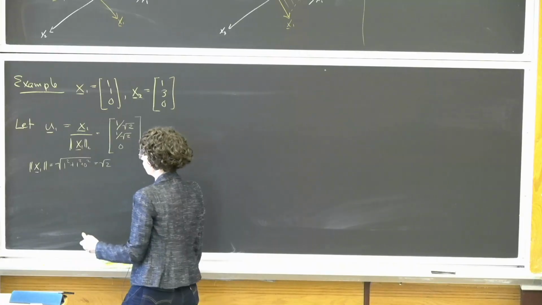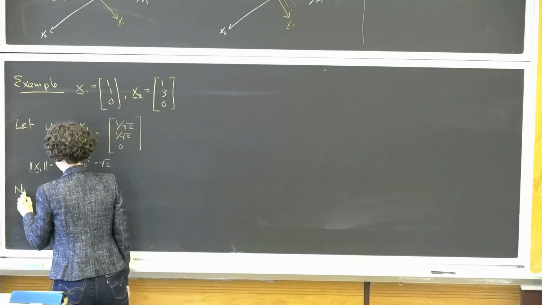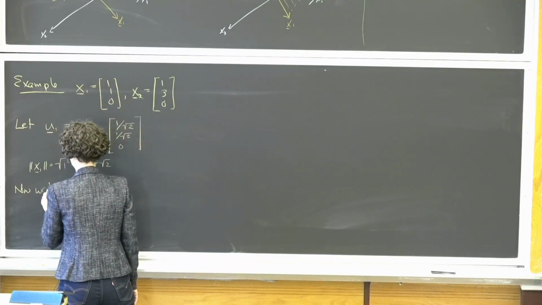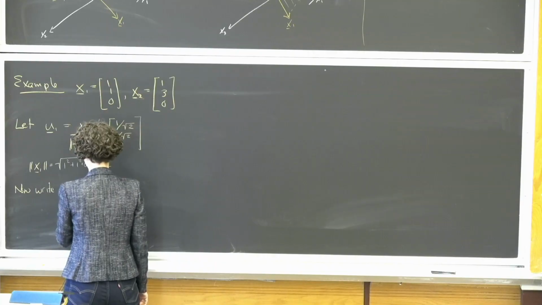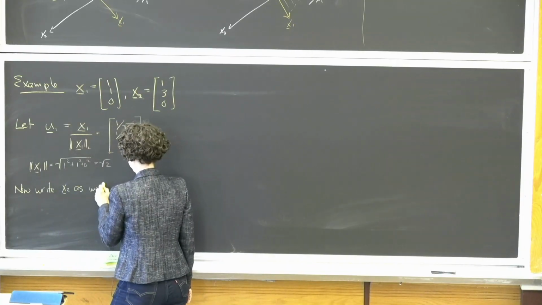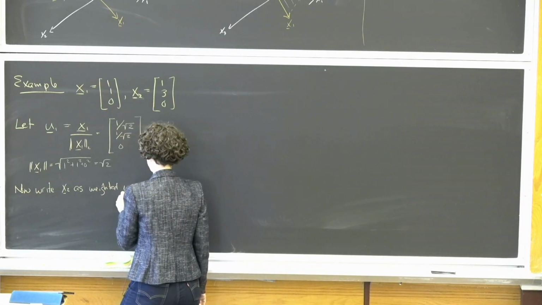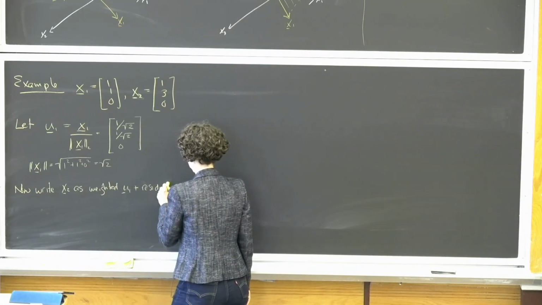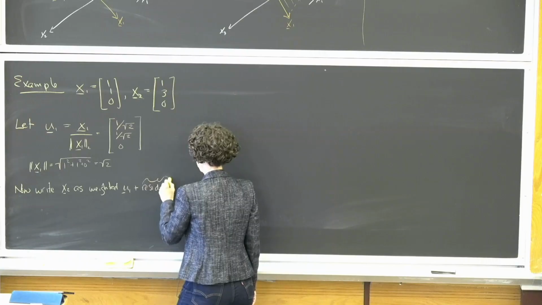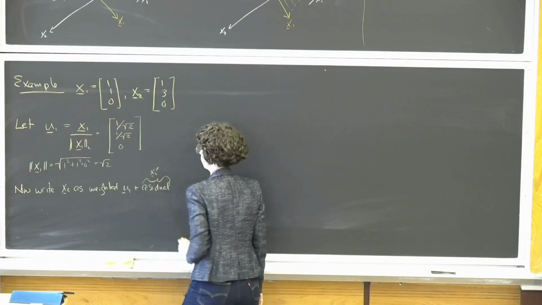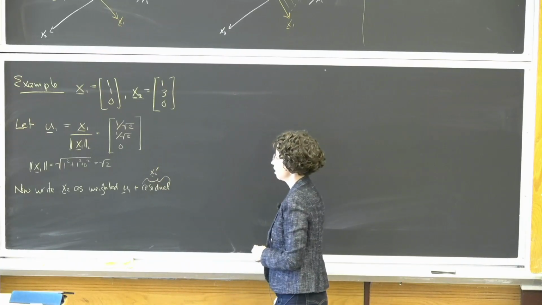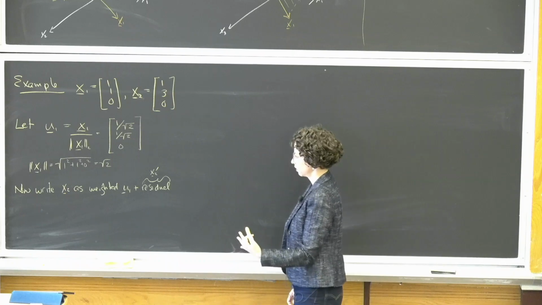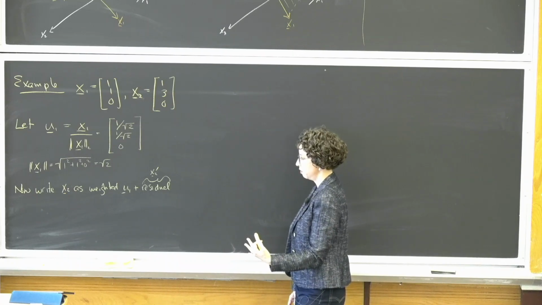Now, just like before, we want to write x2 as a weighted u1 plus a residual. And that residual we are going to denote x2 prime. So we want that residual to be as small as possible.